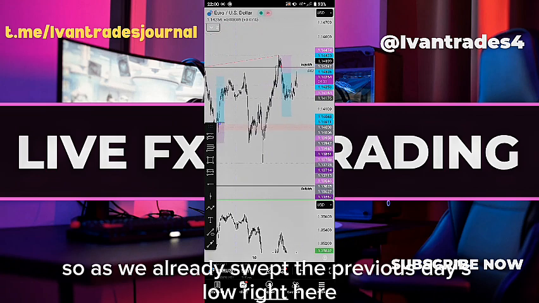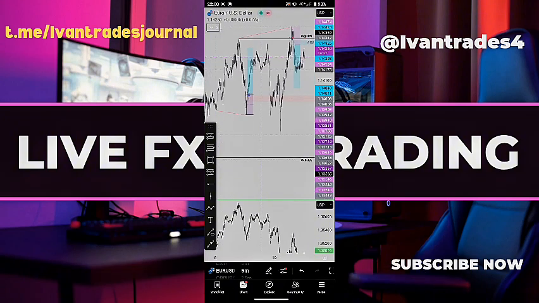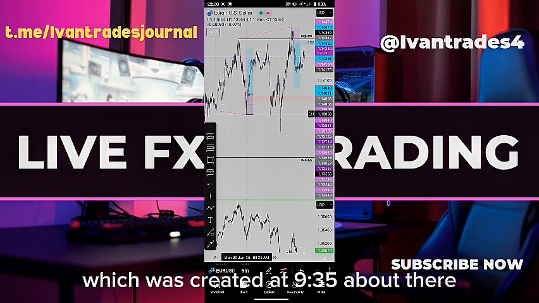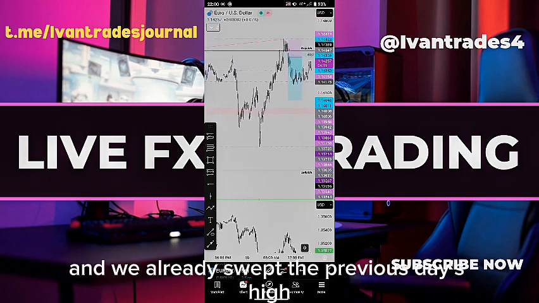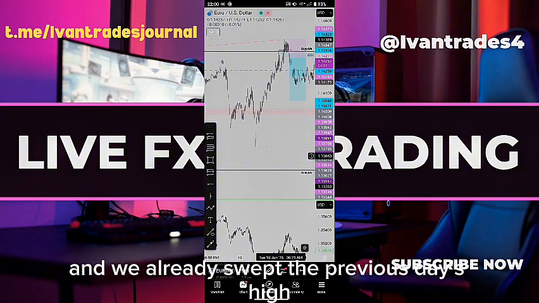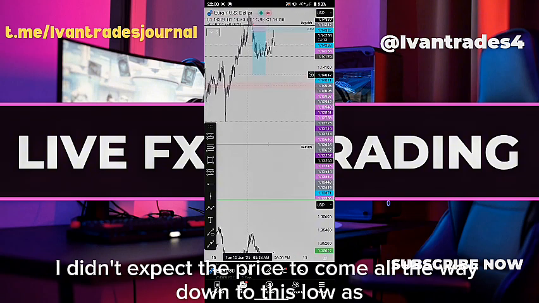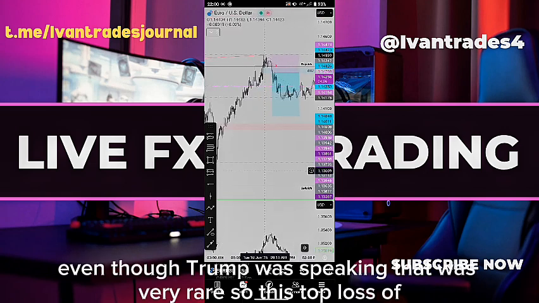We already swept the previous day's low right here, and the previous day's low was this one, which was created at 9:35 about there, and we already swept the previous day's high. I didn't expect the price to come all the way down to this low, as even though Trump was speaking, that was very rare.